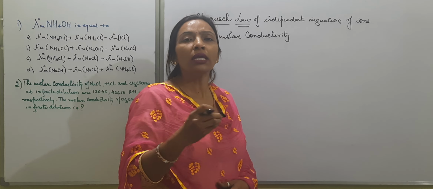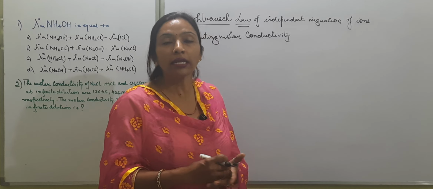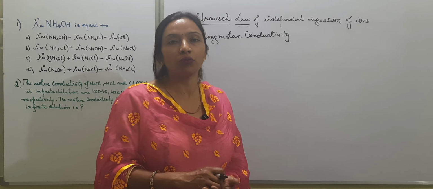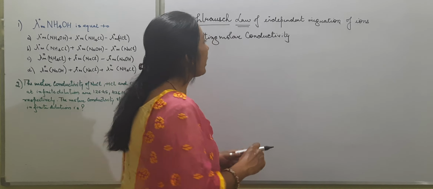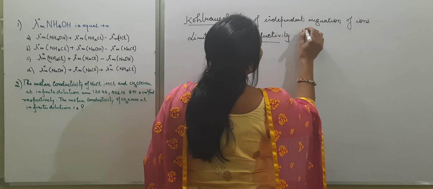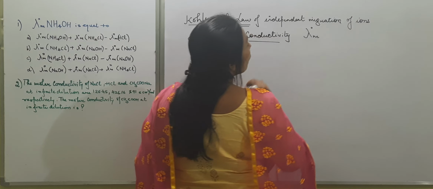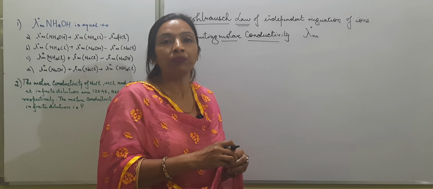So here we are discussing about the conductivity of a strong electrolyte when the concentration is almost zero and the dilution is infinite. So here the molar conductivity is represented by lambda m having the naught over there, then this is the limiting molar conductivity.